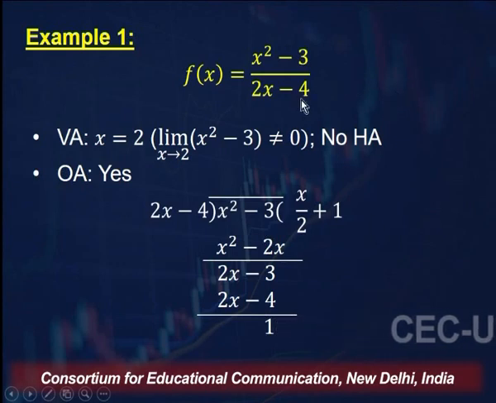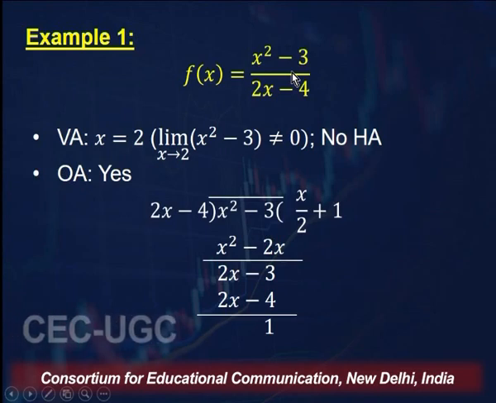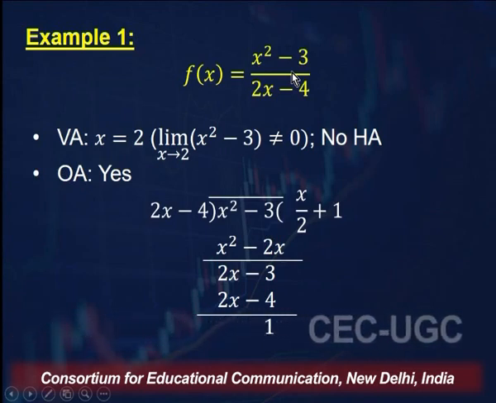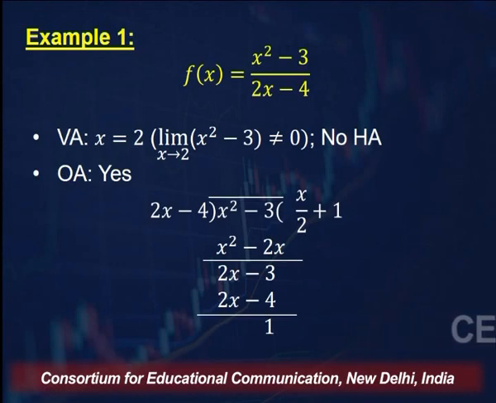Here the limit of the numerator x squared minus 3 as x tends to 2 is not equal to 0; it's 4 minus 3, which is 1.